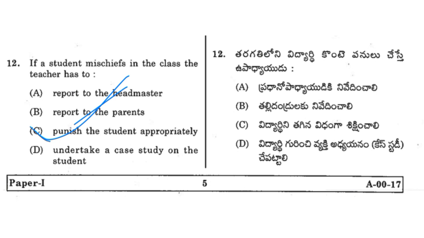When a student misbehaves in the class, the first responsibility of the teacher is to handle the situation immediately and appropriately within the class. The teacher should use mild, corrective, and educational discipline and ensure the punishment is fair, proportionate, and constructive, and maintain classroom order without escalating the issue unnecessarily.